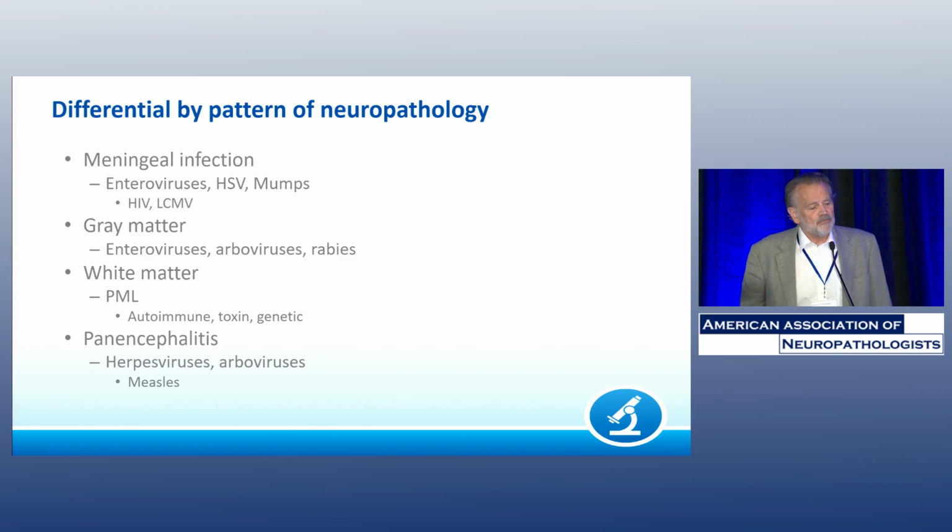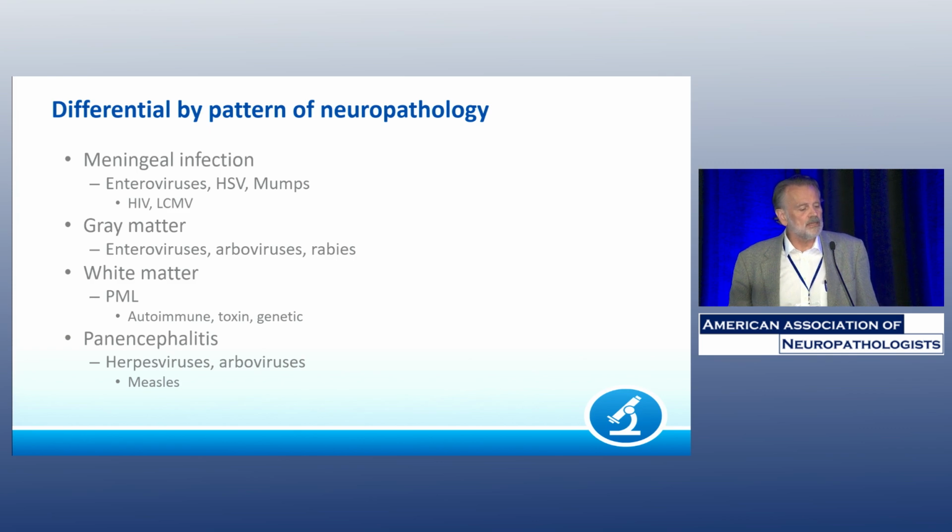So you can go into a differential based upon purely the pattern that you elucidate through the autopsy. If it's an infection that seems to be purely limited to the meninges, even though the clinical scenario might have been less clear, the types of viruses that are involved there are more limited and can focus your subsequent specific studies. If gray matter is involved, enteroviruses and arboviruses are much higher on the list.